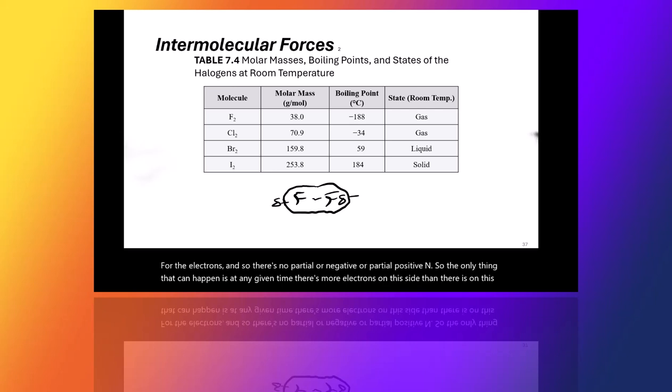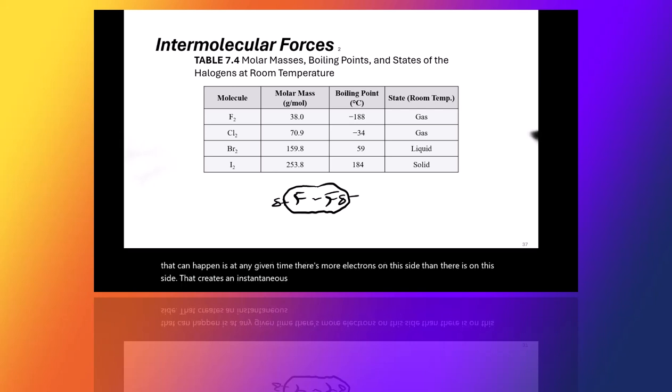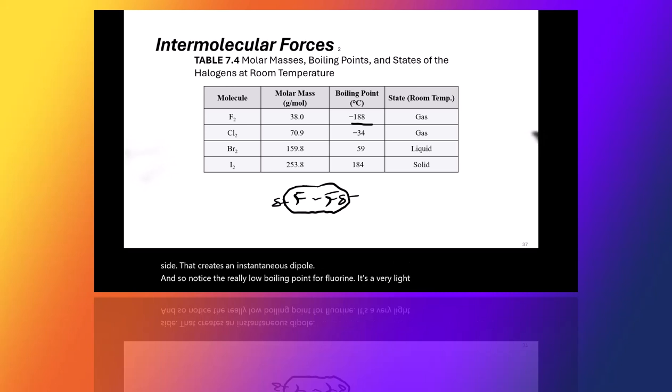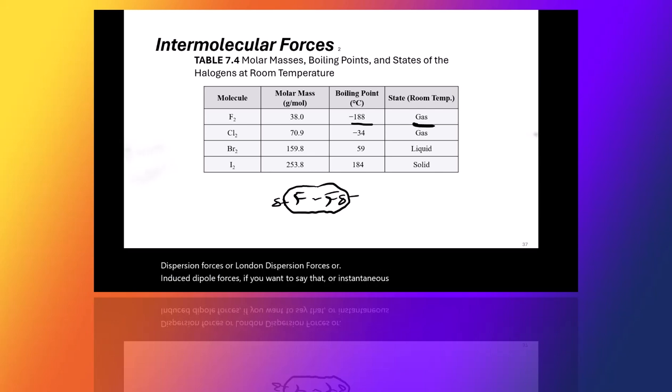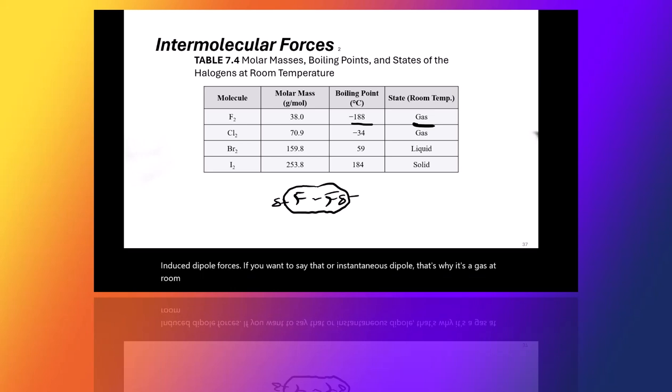That creates an instantaneous dipole. And so notice the really low boiling point for fluorine. It's a very light molecule. It only has dispersion forces, or London dispersion forces, or induced dipole forces, if you want to say that, or instantaneous dipole. That's why it's a gas at room temperature.